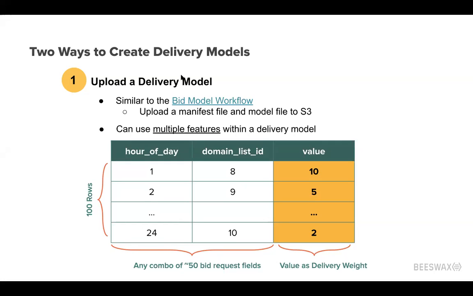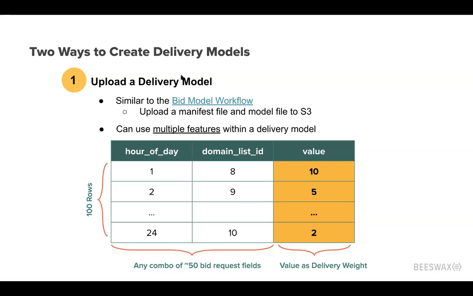We think that almost all use cases can be accomplished with 100 rows, given that we support lists and other high cardinality sort of features. So you can have up to 100 rows, but multiple features within a delivery model.